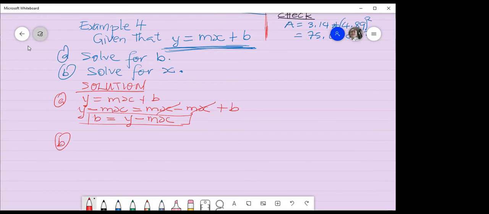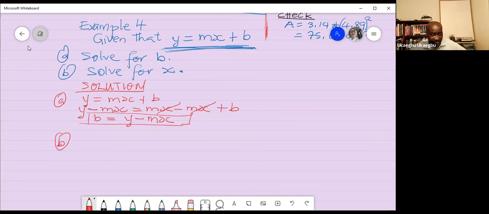Mr. Okabu, yes, I thought the first one would be y over mx. The first one is solving for B. So because this is plus, you have to perform an inverse operation. So inverse operation is minus.